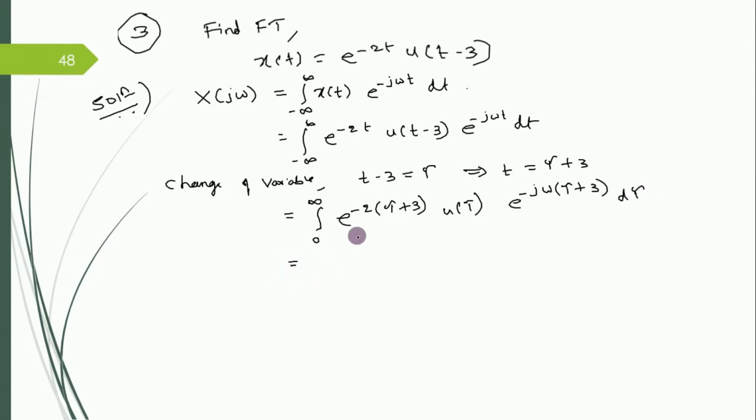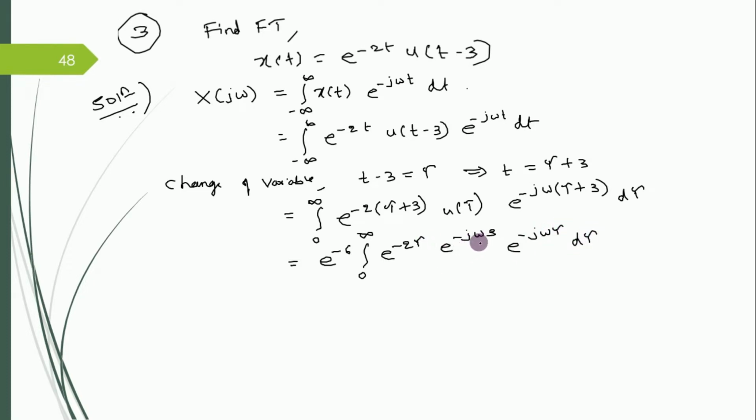Now let me simplify it. E raised to minus 2 into 3 is minus 6. That's a constant. I'll take it outside. Integration from 0 to infinity, so you get e raised to minus 2 tau. U of tau is nothing but 0 to infinity, it exists. I have already taken care. Leave it. So e raised to minus j omega 3, I write it, e raised to minus j omega tau d tau.